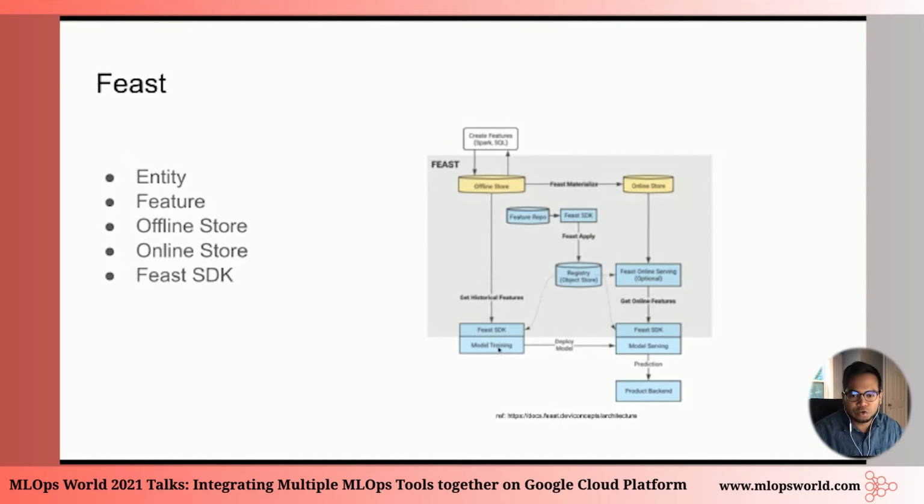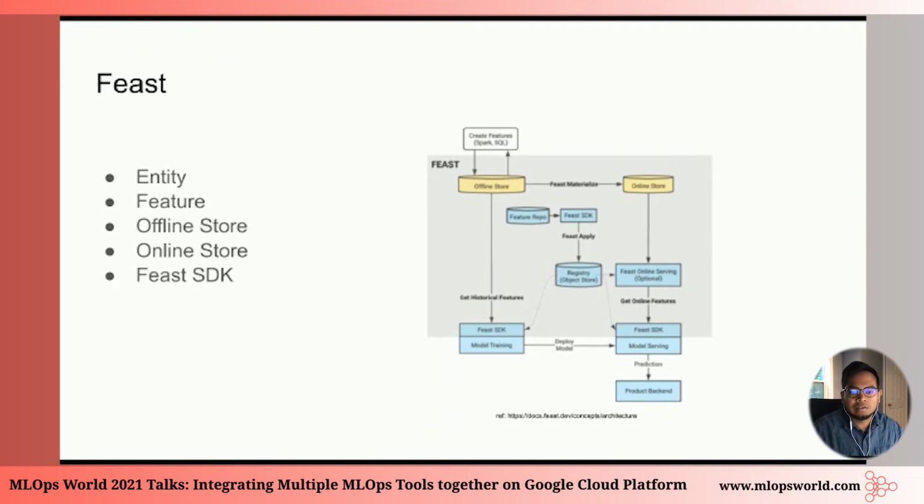When you are training your model, you can fetch your features from your offline store easily, and then train your model. And when you're deploying your model, you can get the features from your online store. Feast internally uses GCS as a registry, and it also has a repo where you define how your features are organized.